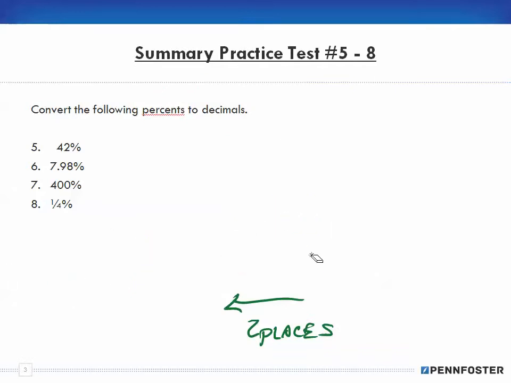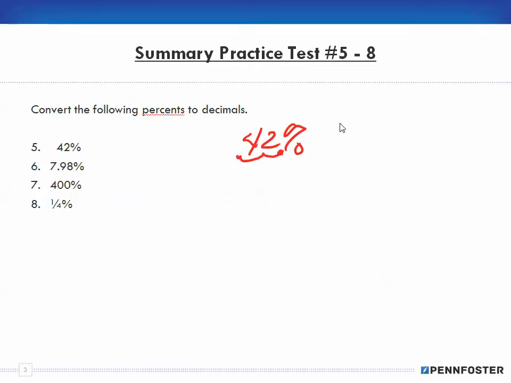But remember, it helps you to understand the concepts better and what you're doing if you understand the math behind it. So we were at 42%. There's where my decimal is. Since I have a percent, I'm going to the left, and so I end up with 0.42 as a decimal. 7.98%, 1, 2.